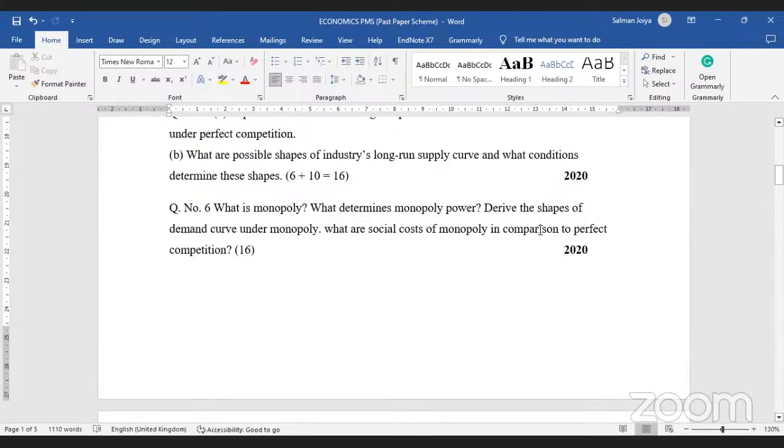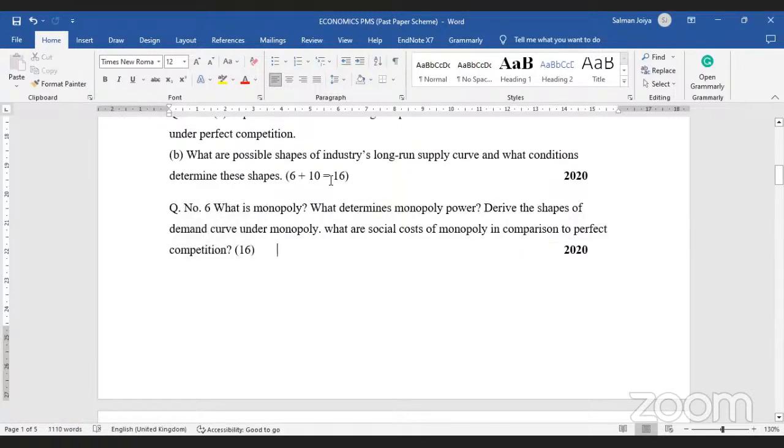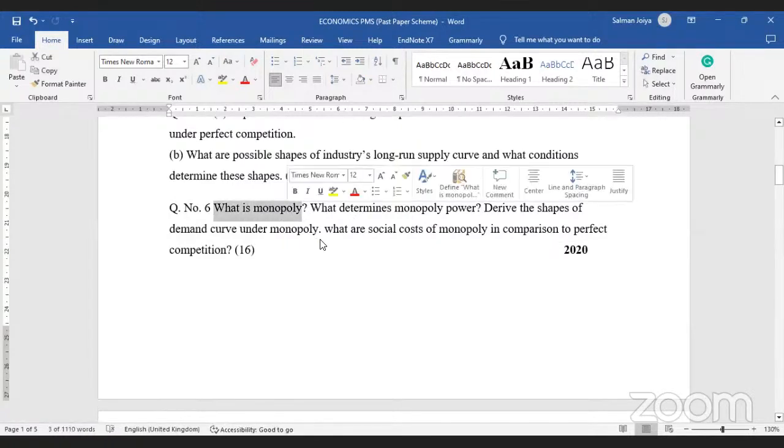What are the social costs of monopoly in comparison to perfect competition? That means 1, 2, 3, 4 portions of the question. The examiner has not divided this into A, B, C, D parts, but has given portions in the same question. That means what is monopoly? Approximately 3 marks.